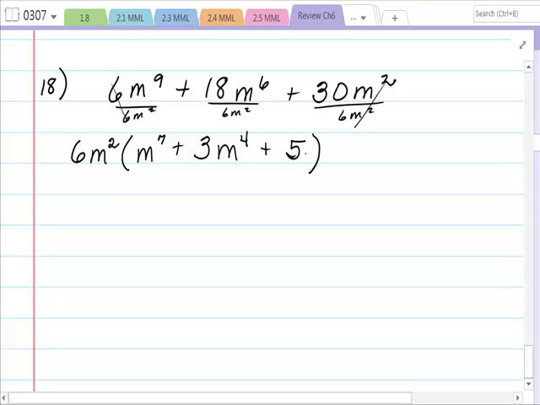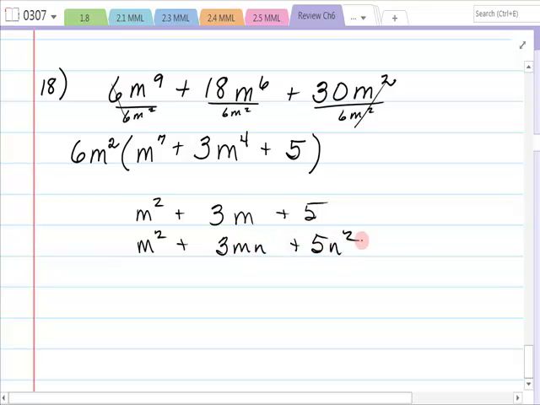The answer is no. Our patterns have been things like m squared plus 3m plus 5. Not that that's factorable, but that's at least been our pattern. Or we've had, say, m squared plus 3mn plus 5m squared. Those are the only two kinds of trinomial patterns that we've been able to attack.